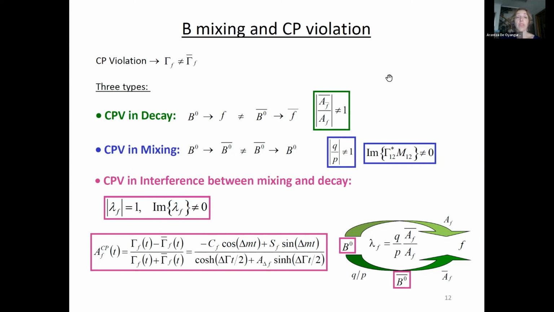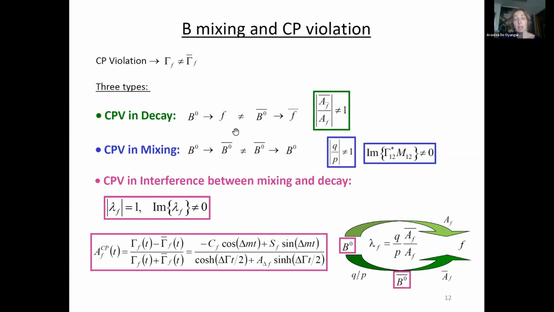There are three different types of CP violation. You can have CP violation in the decay, so that means that the amount of B0 going to a final state is different to the amount of anti-B0 going to the anti-final state.